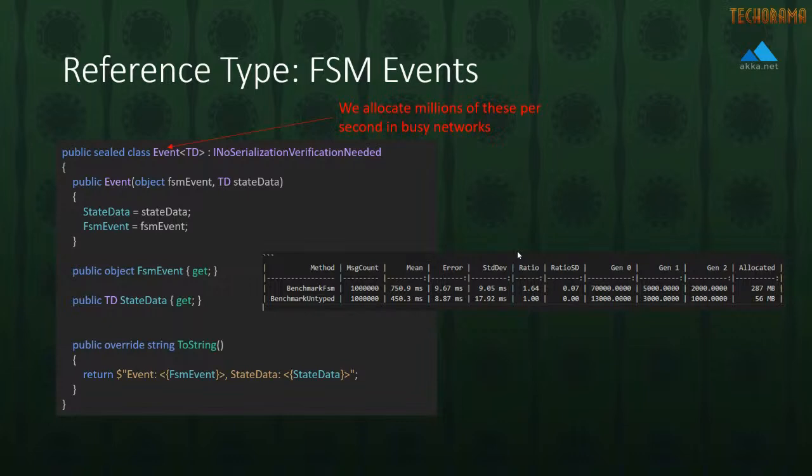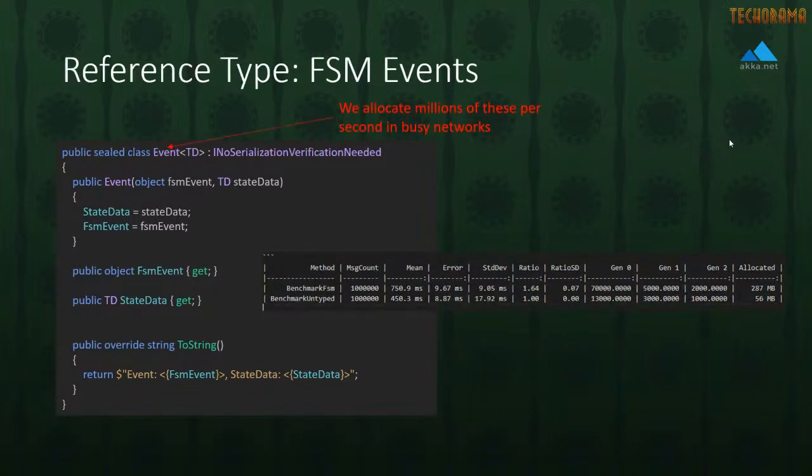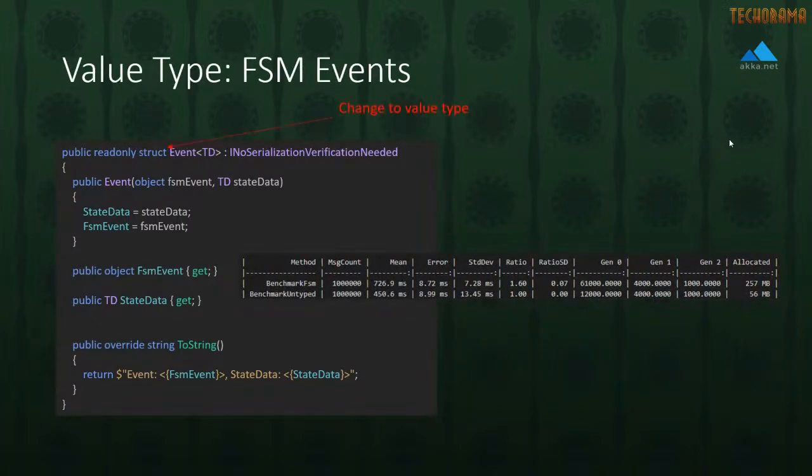And if I benchmark how much memory an FSM actor uses when processing messages versus an untyped actor, we can see that an FSM actor uses about 6 times as much memory as a normal untyped actor does. Slightly less than 6 times, but that's the rough ballpark. Now, if I change this class to a readonly struct, I instantly get a memory savings of 30 megabytes here.